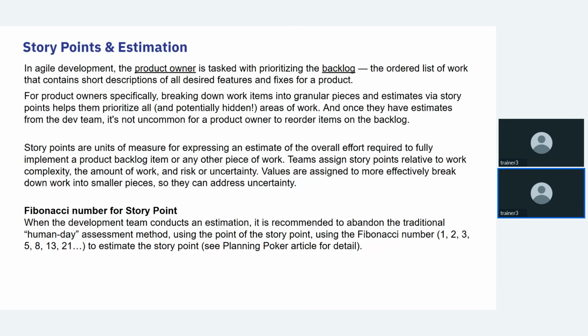After finishing each point of the project, you need to check whether it is working properly. Using the Fibonacci numbers to estimate story points is called planning poker, and it is one way to get the best results.